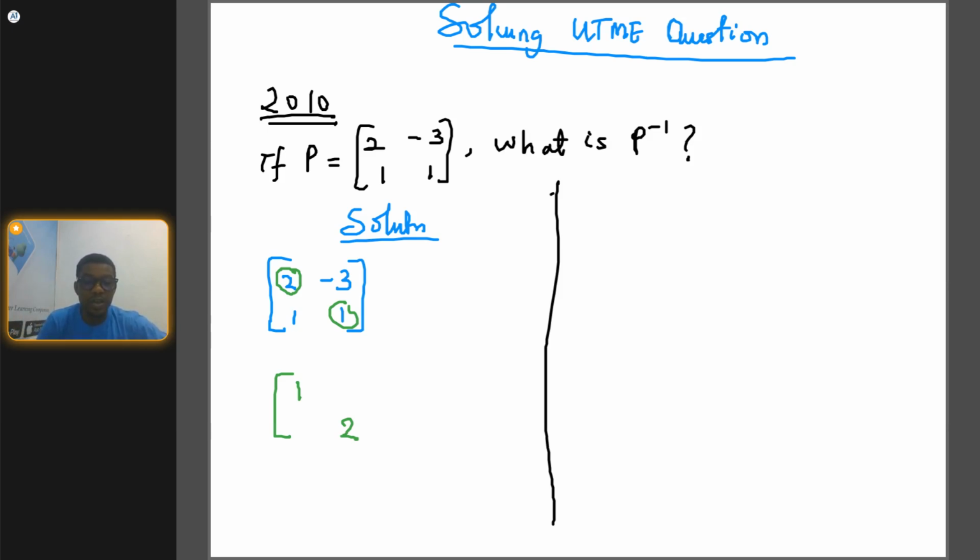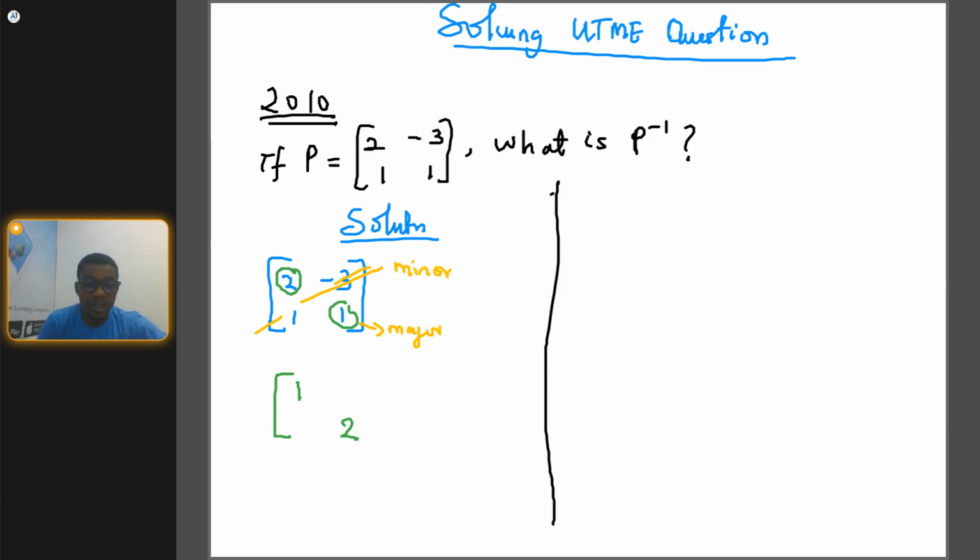After you've done that, you are going to change the sign of the minor diagonal. Take note, this is called the major diagonal, and this is called the minor diagonal.